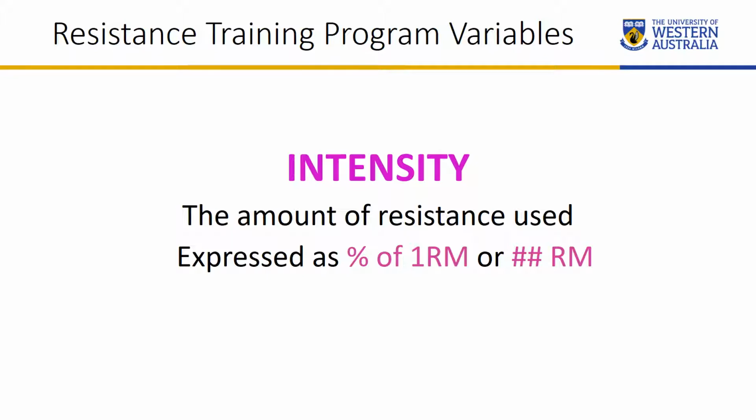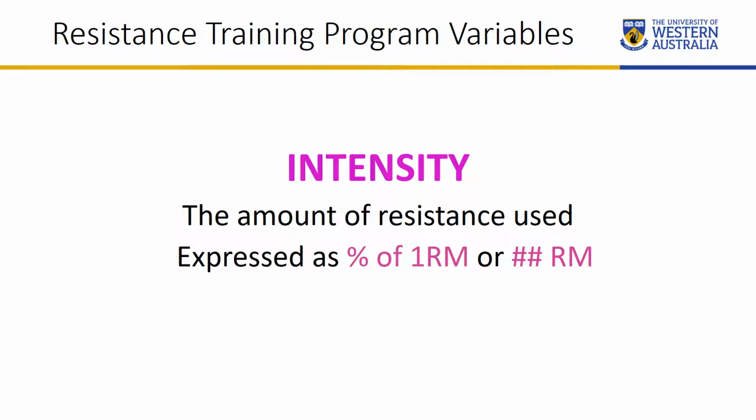So let's assume that your 1 RM for a bench press is 100 kilograms. As part of your training routine, you might choose to do 5 repetitions of the bench press at 80% of 1 RM. So in this case, you'll do 5 repetitions of an exercise per set, lifting 80 kilograms.